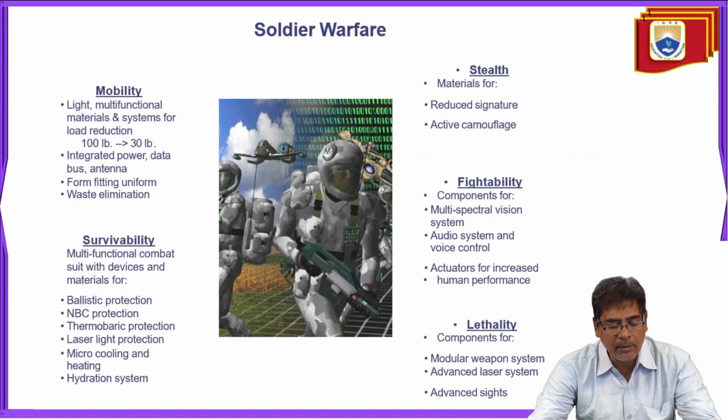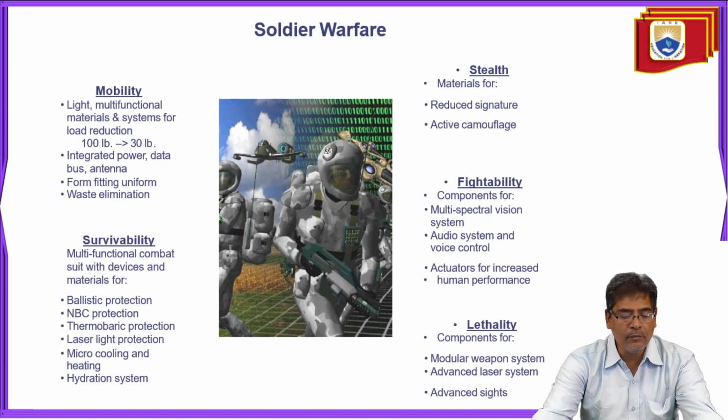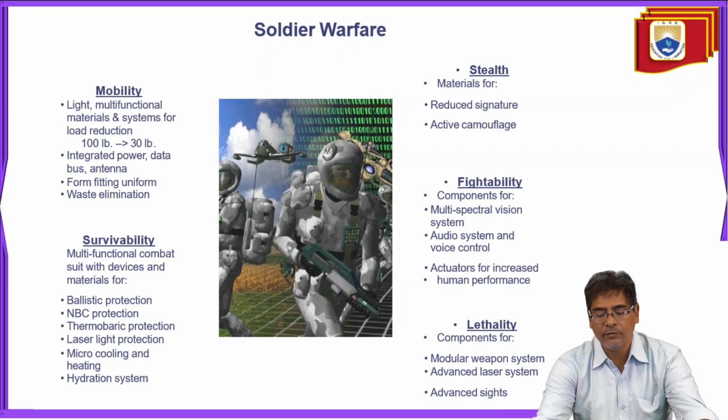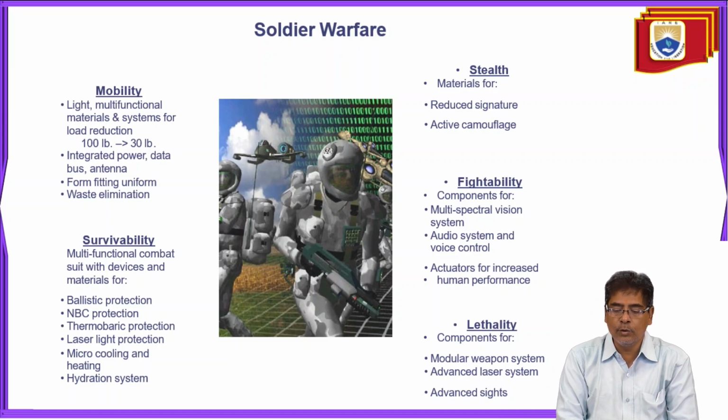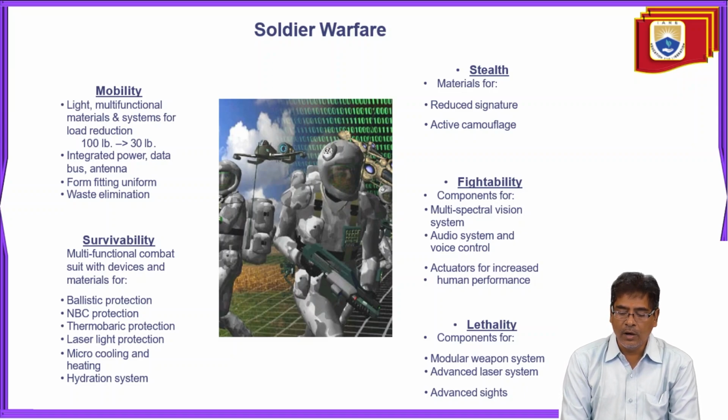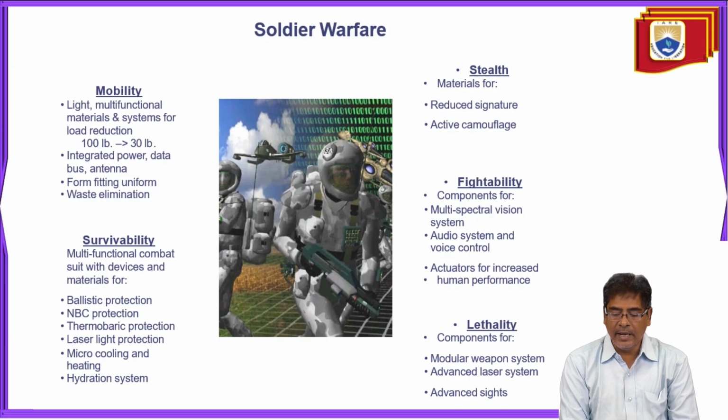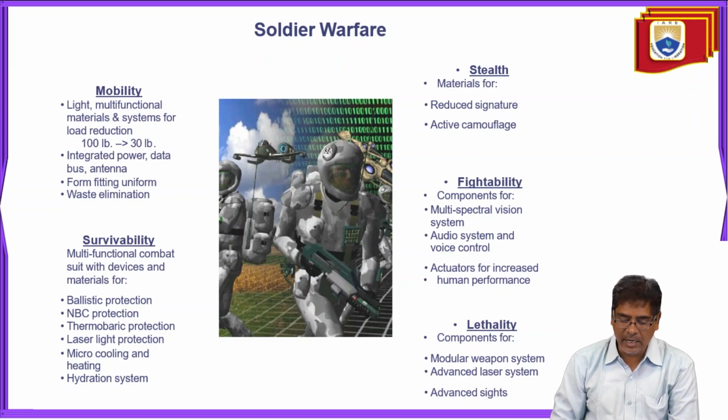Integrated power, data bus, and antennas are required, along with form-fitting uniforms and waist elimination. When we speak about stealth, there are materials for reduced signature and active camouflage. Fightability components include a multispectral vision system, audio system and voice control, and lethality components include a modular weapon system, advanced laser systems, and advanced sights.